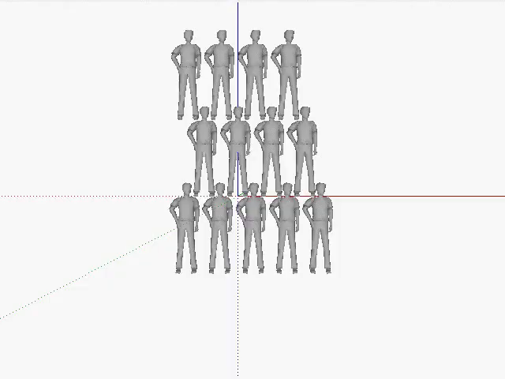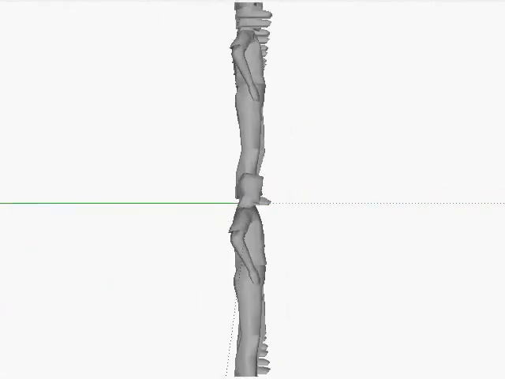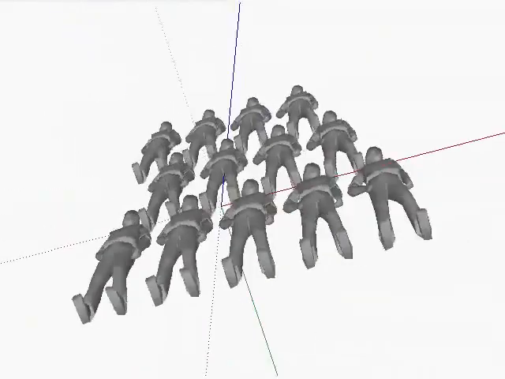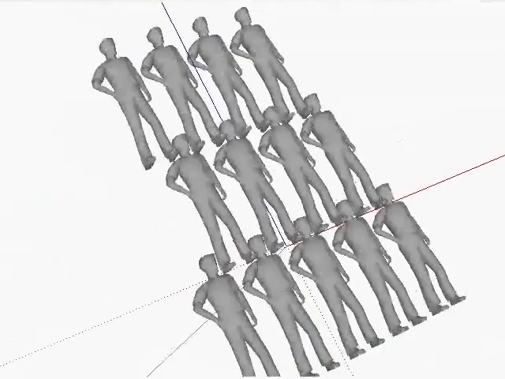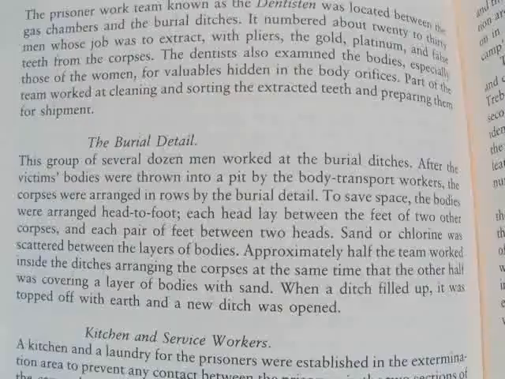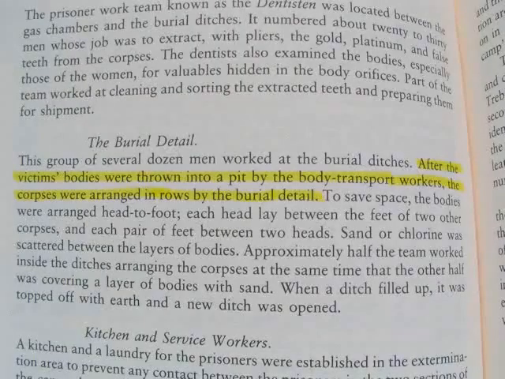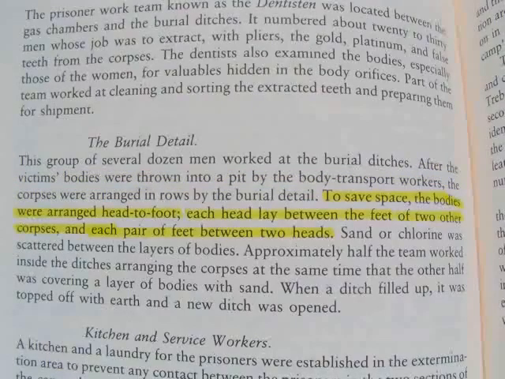Keep this 3D image in mind as we look at page 112 in Yitzhak Arad's book, which is called Belzec, Sobibor, Treblinka. After the victims' bodies were thrown into a pit by the body transport workers, the corpses were arranged in rows by the burial detail. To save space, the bodies were arranged head to foot. Each head lay between the feet of 2 other corpses, and each pair of feet between 2 heads.